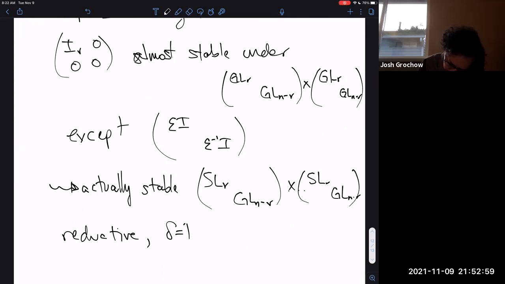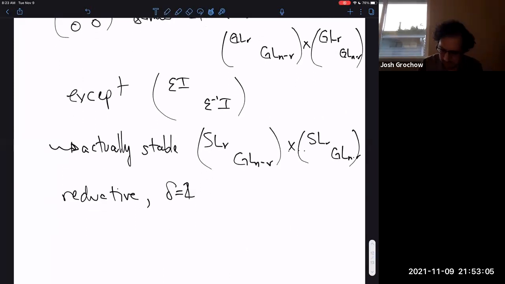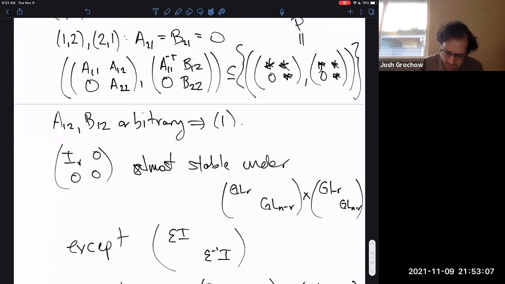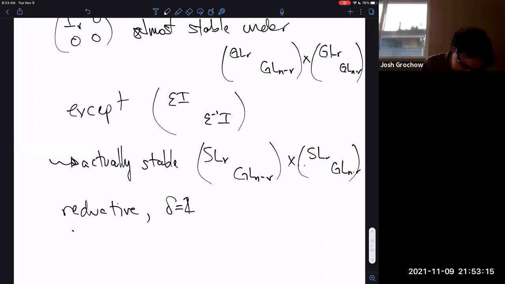Oh, sorry, so delta here is 2, because I had the left and the right. Right, so what's the stabilizer here? Well, instead of 2 copies of SL_r, I really get 1 copy because the other one has to be the inverse. So the stabilizer in L of X is like SL_r cross GL_{n-r}.